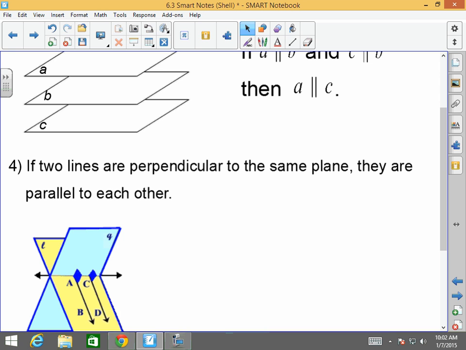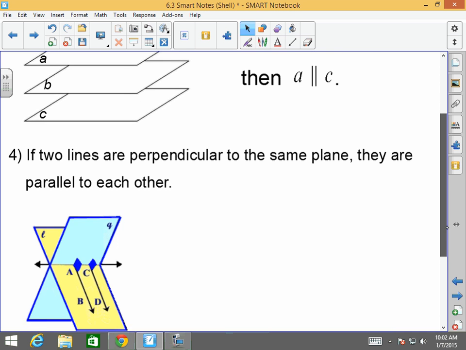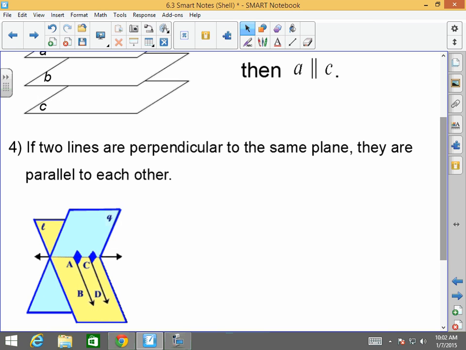Number four, if two lines are perpendicular to the same plane, they are parallel to each other. Now here, it's not skew. This line AB is perpendicular to plane Q here.